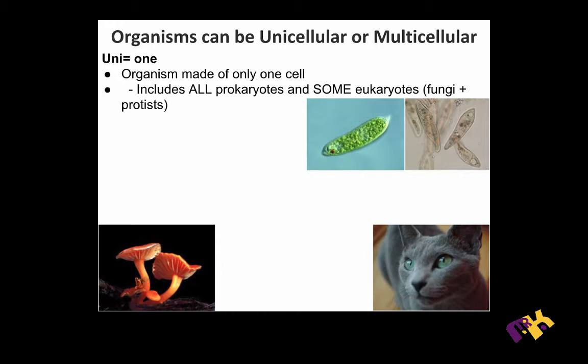All prokaryotes are single-celled organisms. Think bacteria. It's the easiest go-to. This includes also some eukaryotic cells, like some fungi, not all, but some fungi are unicellular, as well as some protists. The example for the protists would be like blue-green algae.